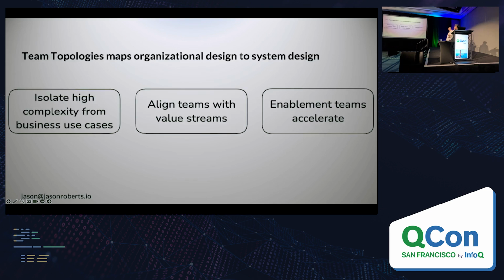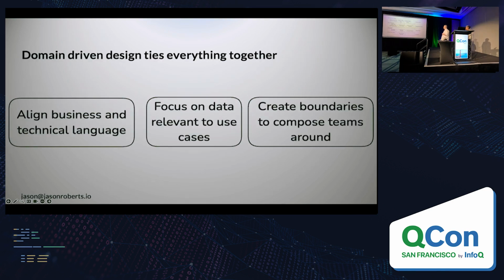Team topologies maps organization design to system design, so we were able to isolate high complexity from business cases, align teams with values. Enablement teams helped with acceleration. Domain-driven design brought it all together.